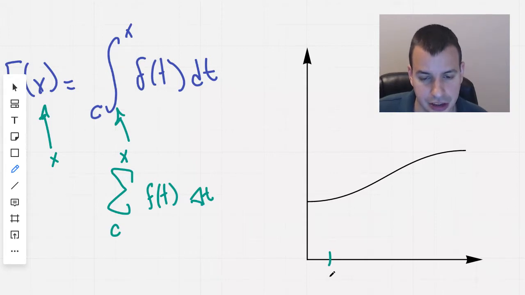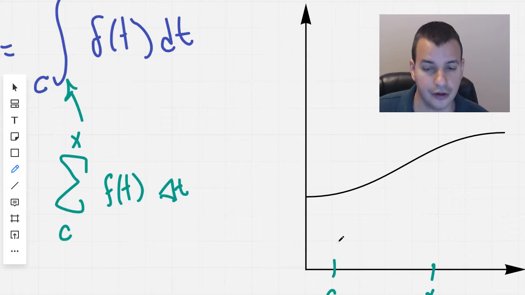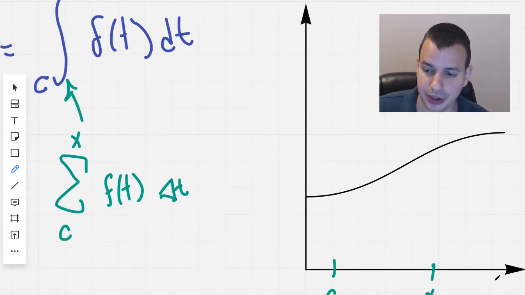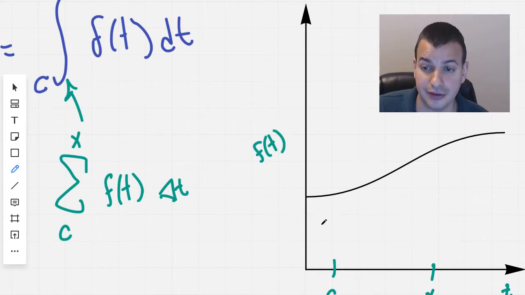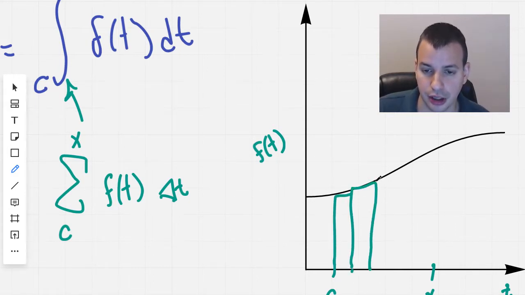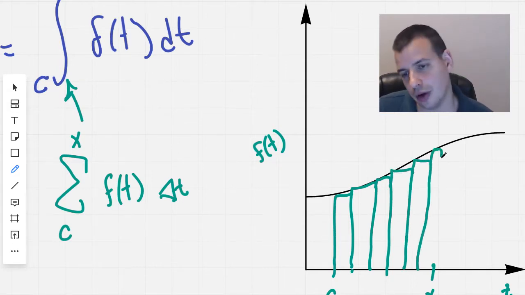And so if we look at the summation on a graph, we could say that c starts here, x is here, and this will be t, and this graph here will be f of t. When we're summing all of these together, we're doing something similar to what we did with Riemann sums, where we're making a whole bunch of rectangles here. And one more little rectangle.